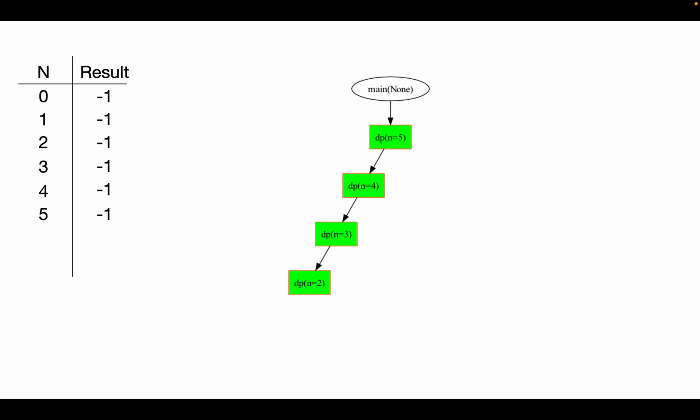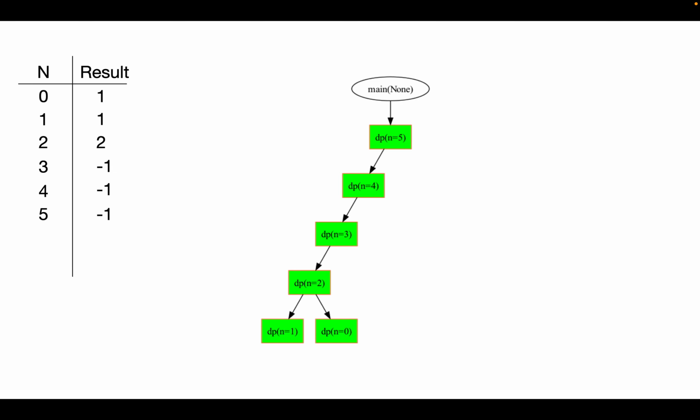We're just looking at our left child until we hit a base case. Fill the result of that base case in a table. So if n equals 1, the result is 1. Again, we hit a base case, n equals 0, and now we can compute the solution to dp of n equals 2 and save all of those into the table here, right?